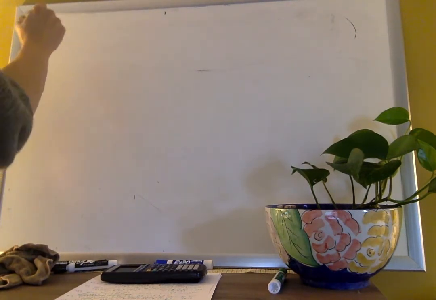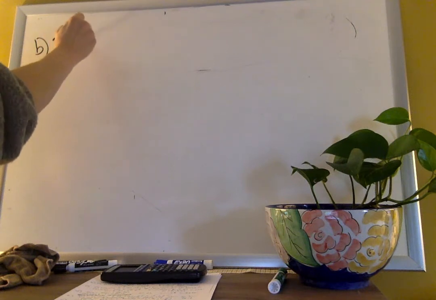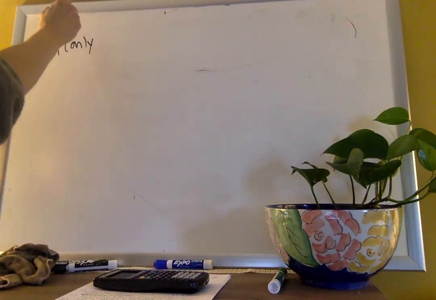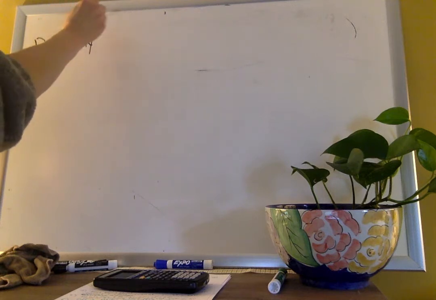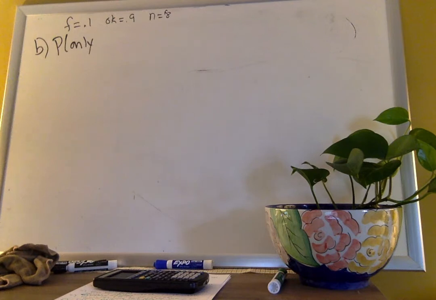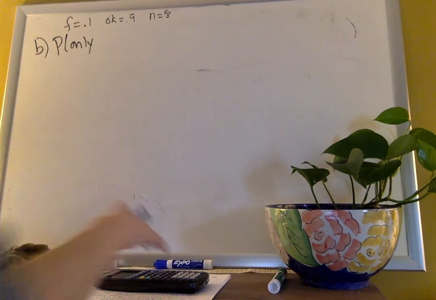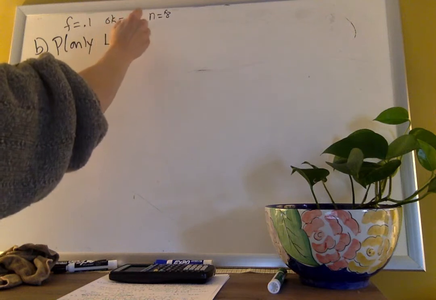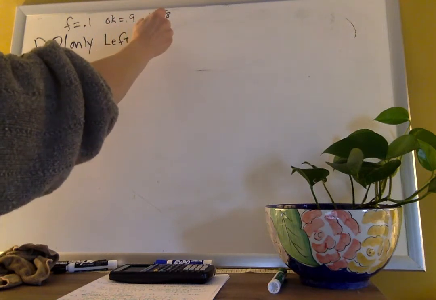How about probability? I erased a little too much. Fail was 10%, okay was 90%, and we had 8 tires. Okay, probability, only the left front fails.